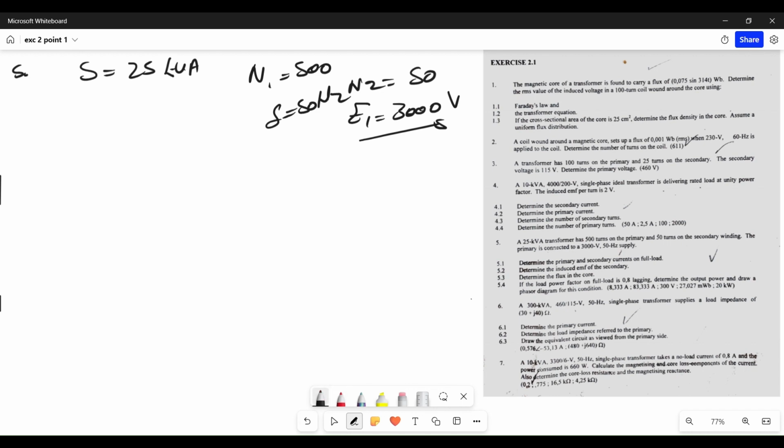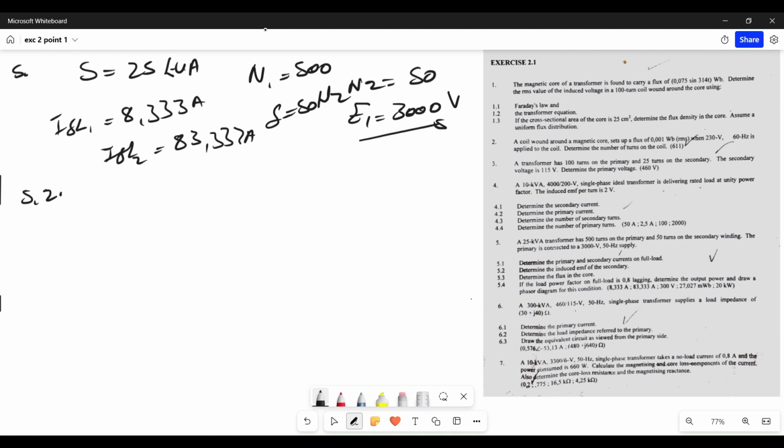Alright, question 5.2. The full load current I1 is equal to 8.333 amperes. The full load current I2 is equal to 83.333 amperes. Determine the induced EMF of the secondary.